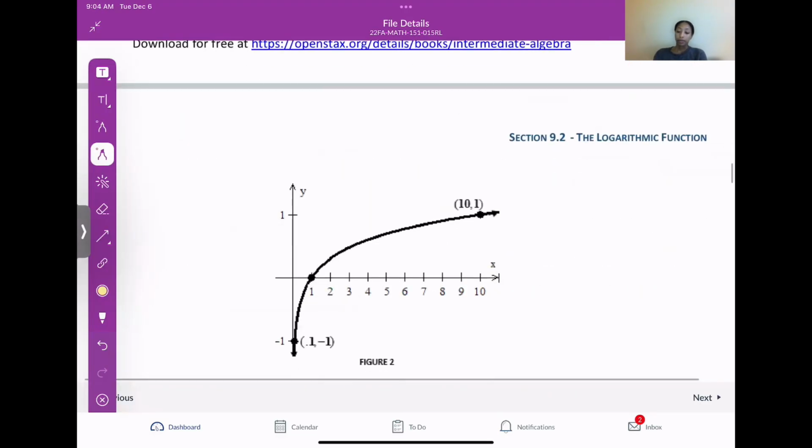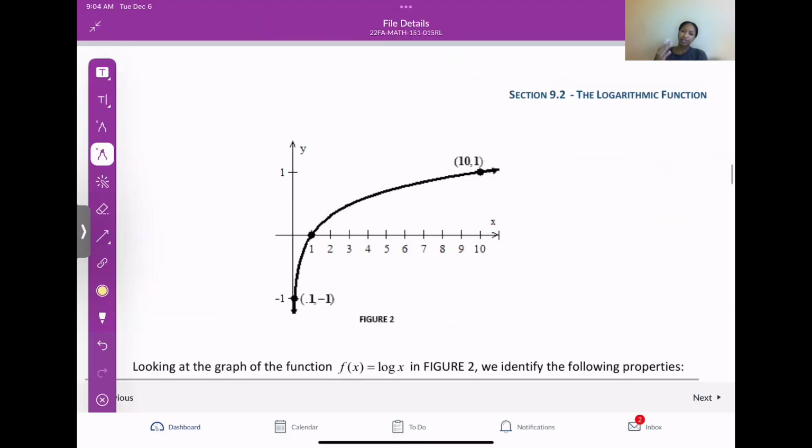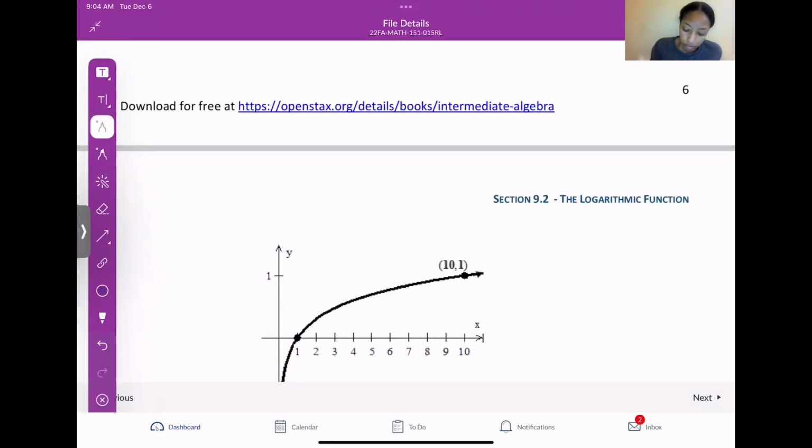Okay. If we plot just those couple of points, you can, of course, plot a few more as well. Let the inputs be any power of 10, and then the outputs will be the actual exponent. So if we wanted to make a few more points in the table, if we're looking at log of x, let's say our inputs are 10, 100, 1,000, 10,000.